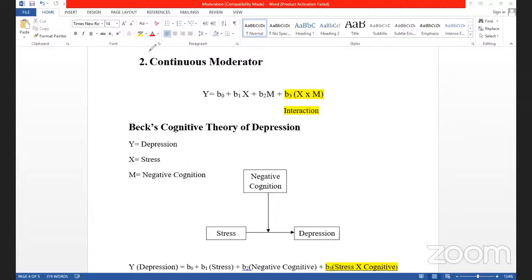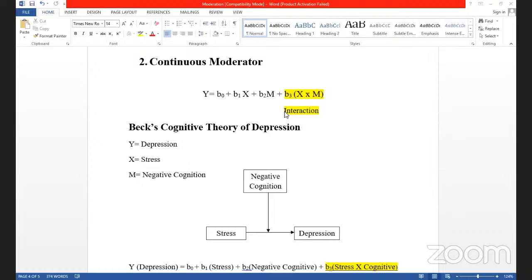So here it's Beck's cognitive theory of depression. So here we can see y equals b0 plus b1x plus b2m, and the third is the interaction term. Interaction means moderation. Simultaneously we can use either interaction or moderation. They are both the same.